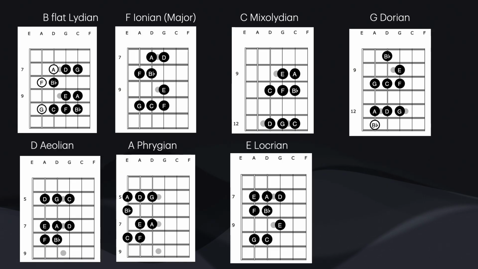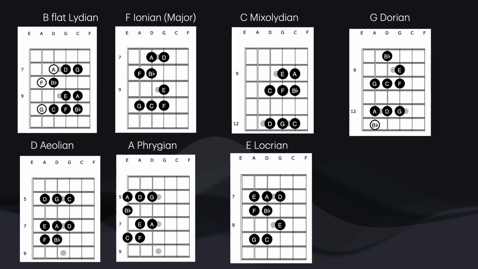In Lydian, we just take the E flat and go up to E natural. So that raised fourth gives us the Lydian sound, and in other videos we'll explore that a little bit more.